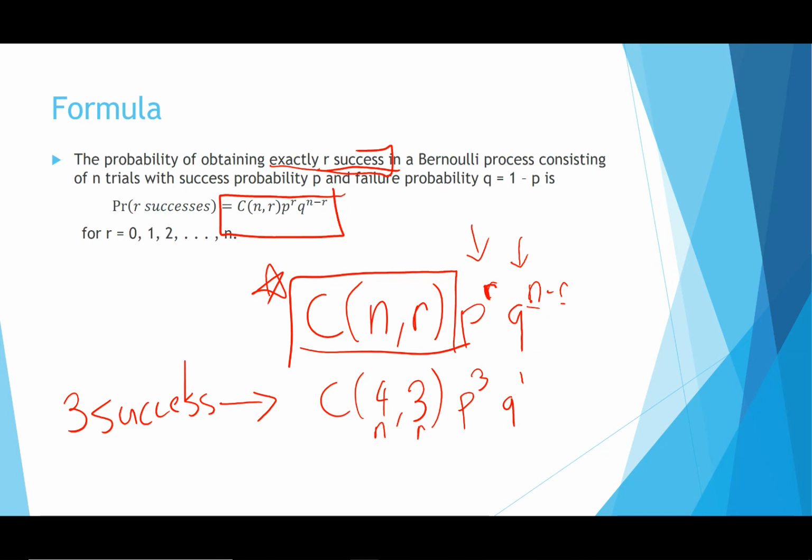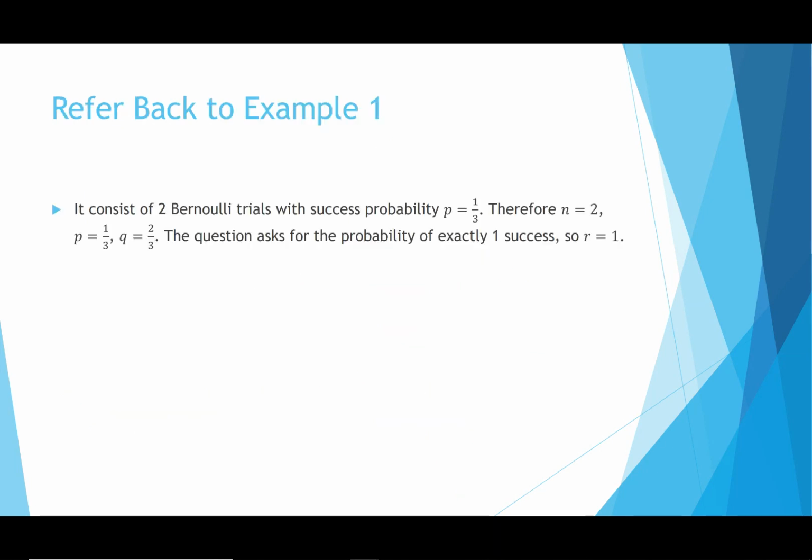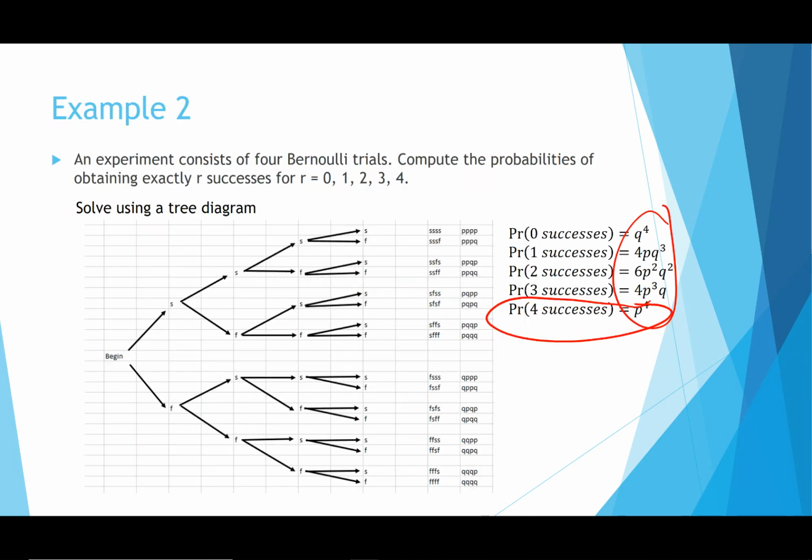So we had 4 trials, 3 of them were successes, 1 of them was a failure. And if you work this out, the combination of 4 choose 3 is 4. We would still have P to the 3rd, and we would still have Q to the 1st. And that would explain, go backwards, the probability of 3 successes here. 4 P to the 3rd Q. So the formula works, and it'll make sense for these as well.